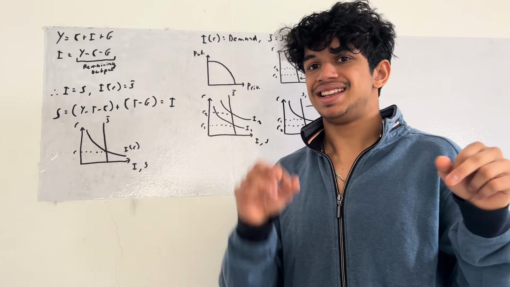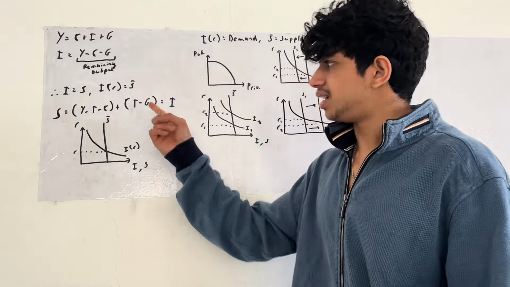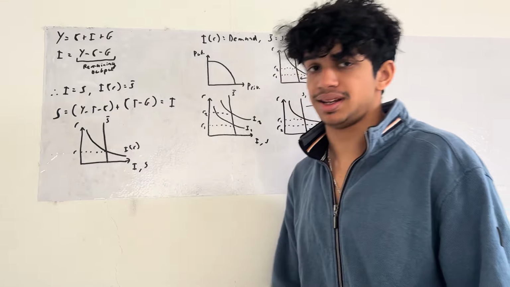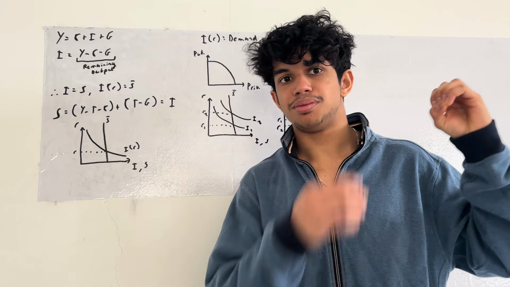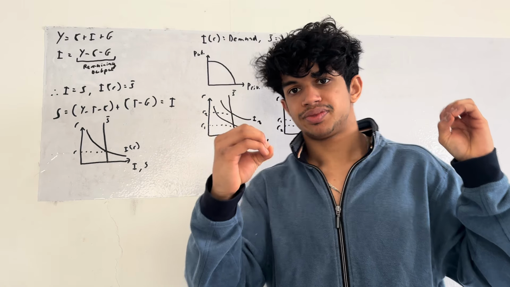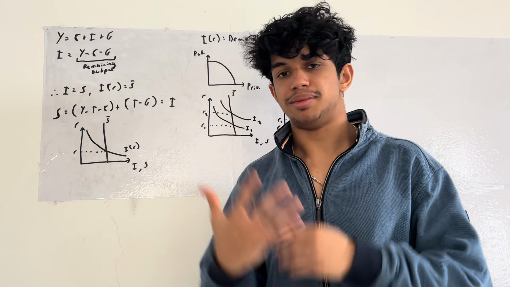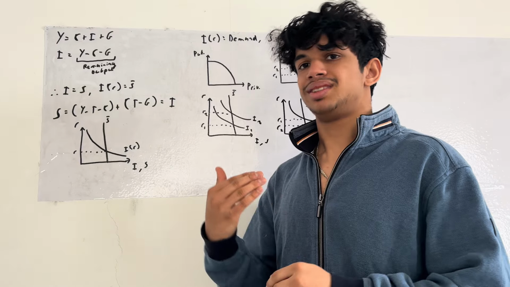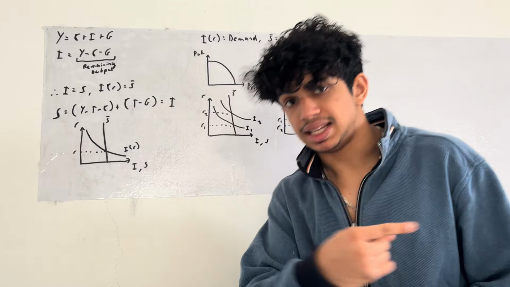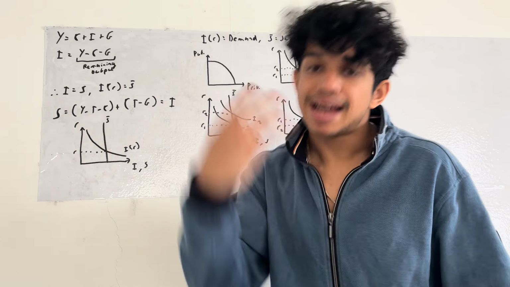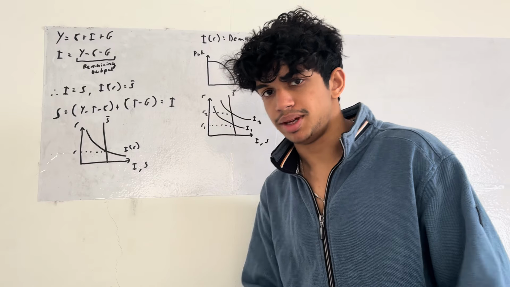Over here, it's taxes minus government spending, which means taxes are essentially government revenue minus government expenditure, and that gives you the government savings or the public savings. If you add up public savings and private savings, you'll get national savings or total savings in the economy.